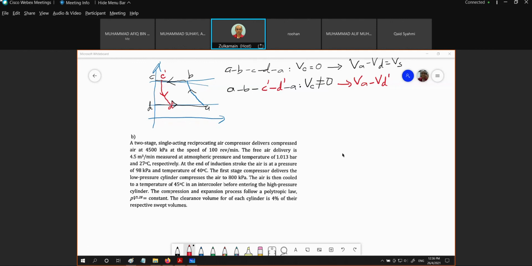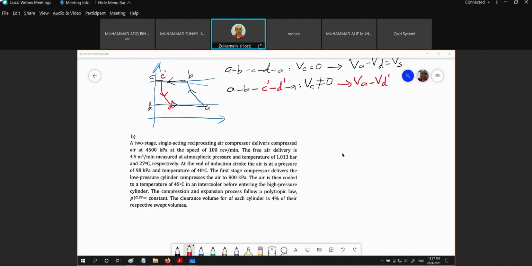A two-stage single-acting reciprocating air compressor delivers compressed air at 4500 kPa at a speed of 100 revolutions per minute. The free air delivery is 4.5 meter cube per minute, measured at atmospheric pressure and temperature of 1.013 bar and 27 degrees C, respectively.